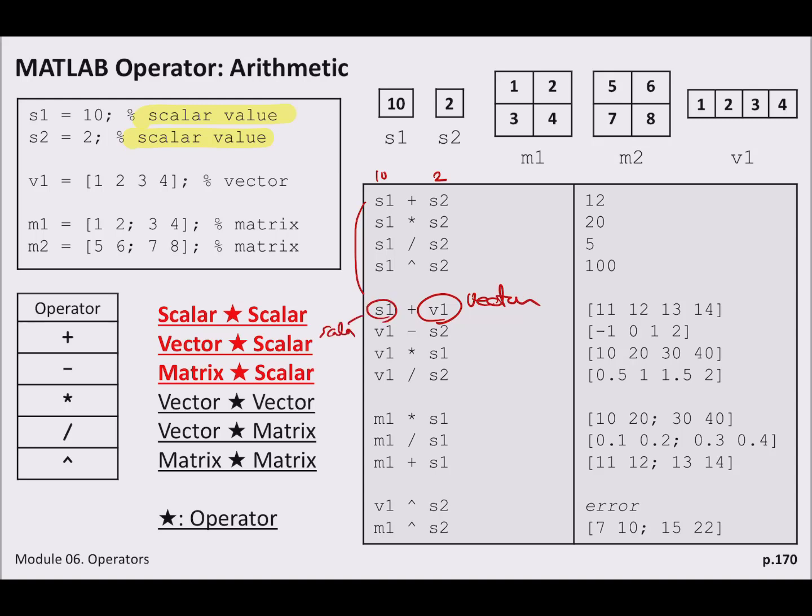What is this operation? Element-wise operation. We can add the scalar value to each element. V1 is 1, 2, 3, 4, and we are adding 10 to each element. These are also similar for the matrix, an element-wise operation.